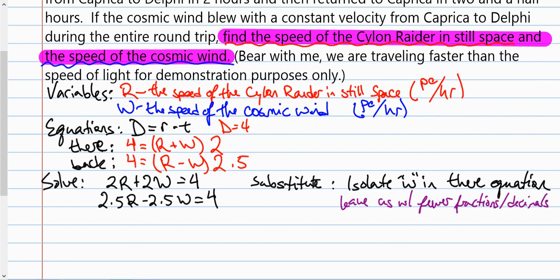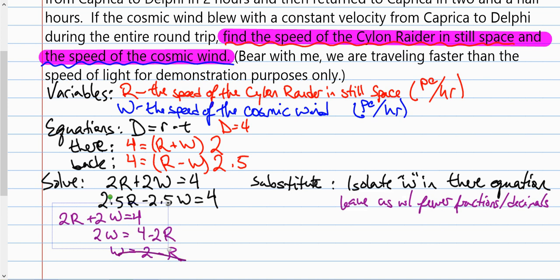I don't like either when I'm solving these types of problems. So 2R plus 2W equals 4. 2W equals 4 minus 2R. So W equals 2 minus R. I saw that all of these coefficients were divisible by 2, which is why I figured that doing my substitution was going to be the easiest route.